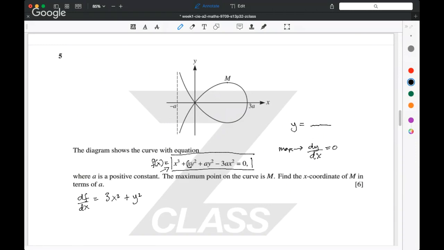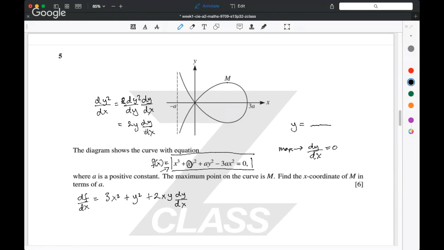So this first term is me differentiating this bit, and now I'm going to differentiate the second bit using the chain rule. I've used the product rule and I've used the chain rule. The derivative of y squared is d(y squared)/dy times dy/dx, which is 2y dy/dx, you see?